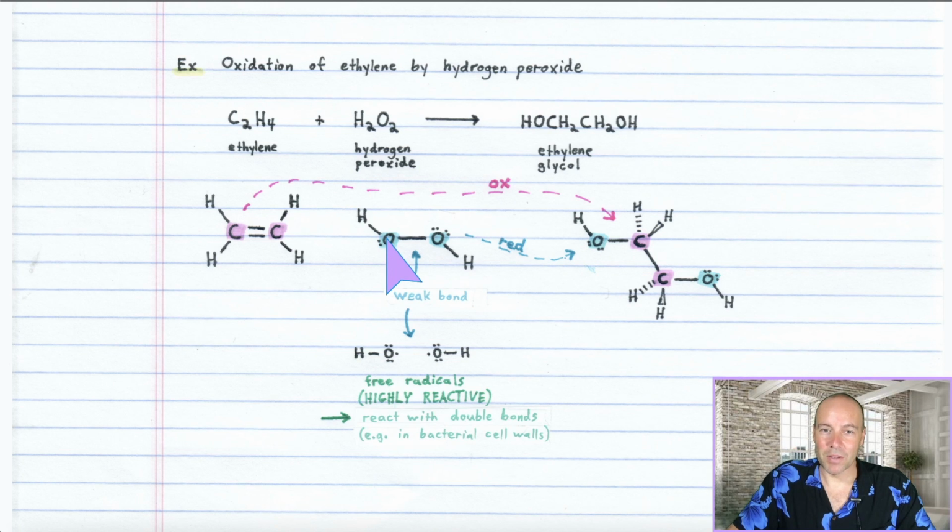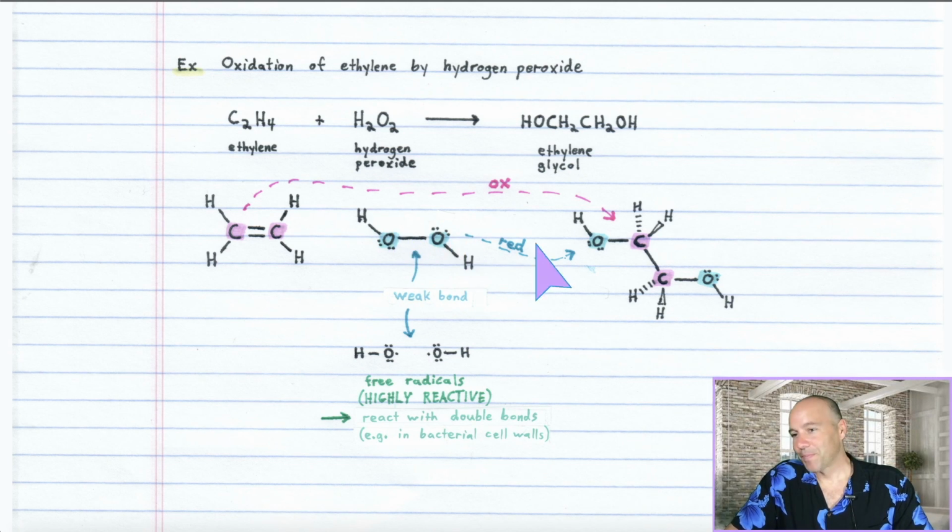So here, oxygen isn't able to pull these electrons away from the other oxygen, okay, but it is able to pull the electrons away from carbon. And so oxygen kind of gains electrons as it turns into the product. So oxygen is reduced here. So free radicals are often involved in oxidation reduction reactions, and hydrogen peroxide is a popular source of free radicals.